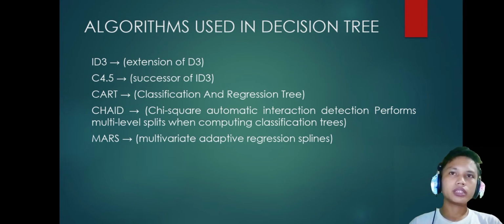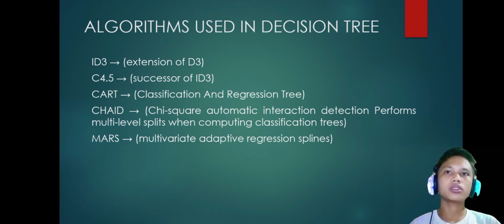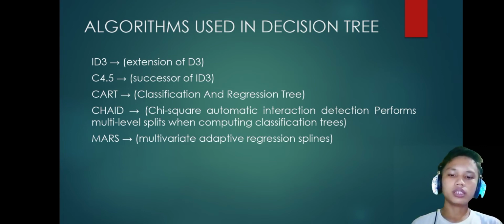These are the different algorithms used in decision trees. First is ID3, or the extension of the D tree. ID3 uses a top-down greedy approach to build a decision tree.